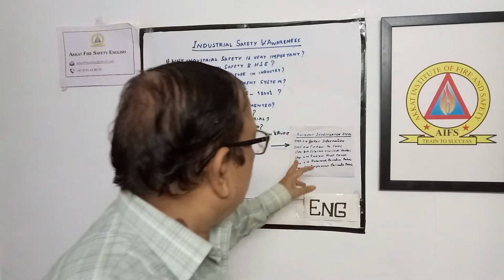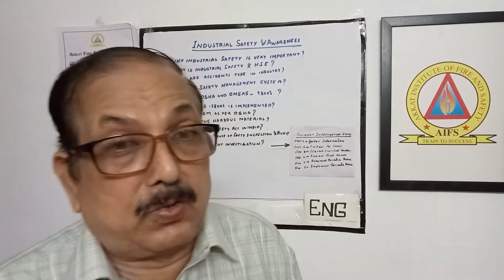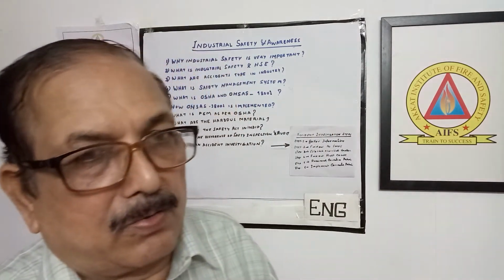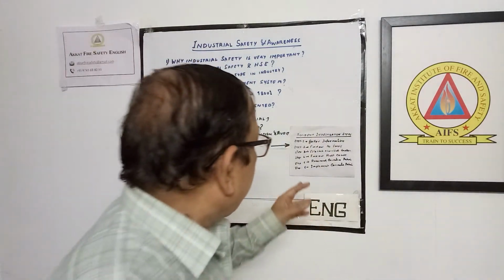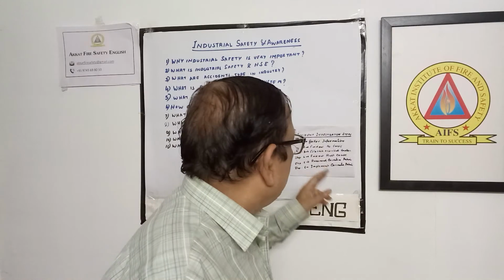The second step is to find out the facts. You have your own judgment. Several facts can occur, so what are the facts really, and what may be the reason? That type of fact you have to find out. The third step is to establish the essential factors. You have gathered so much information and found the facts.